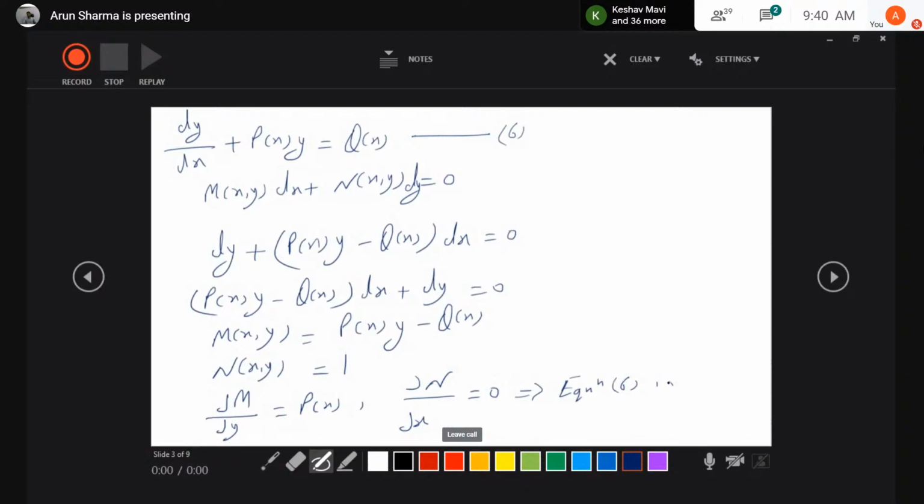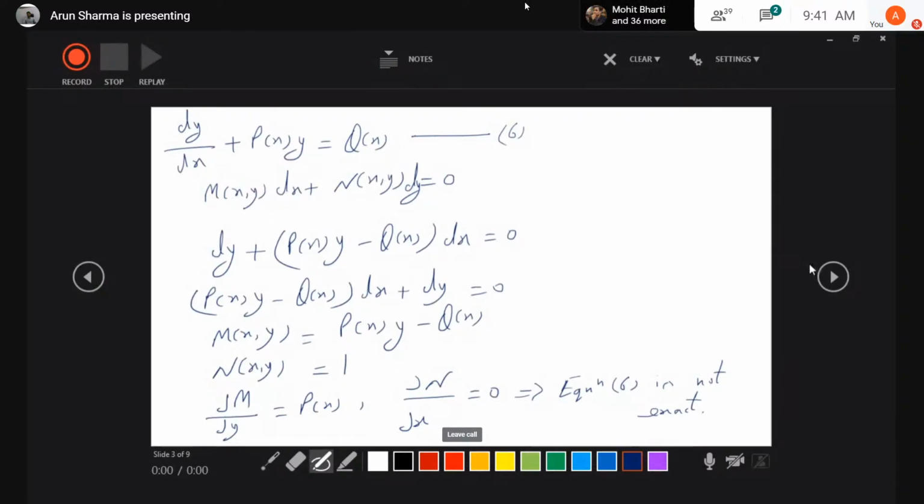Basically, we are assuming P(x) non-zero, because if P(x) is 0, then there is nothing to do. Then this is just dy by dx equals Q(x). This is just a simple differential equation. Take this dx this side and just integrate and find the solution.